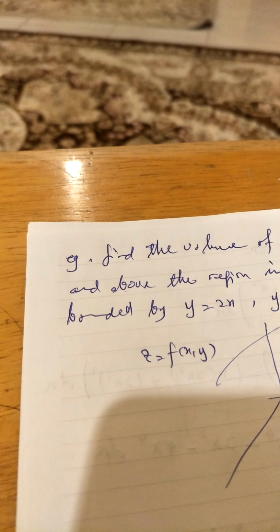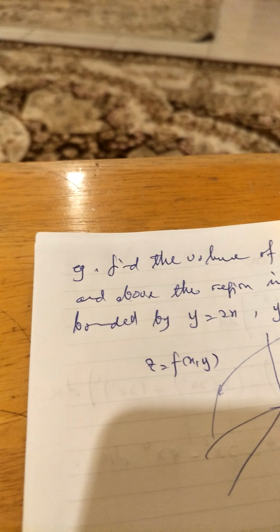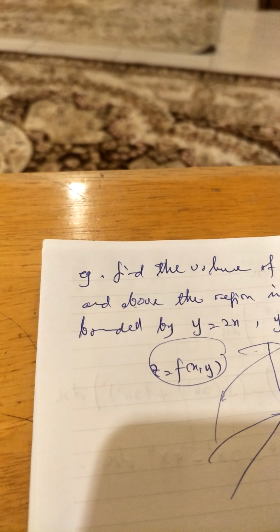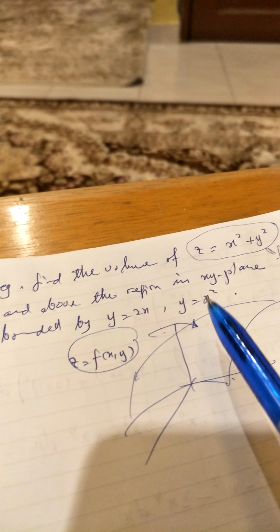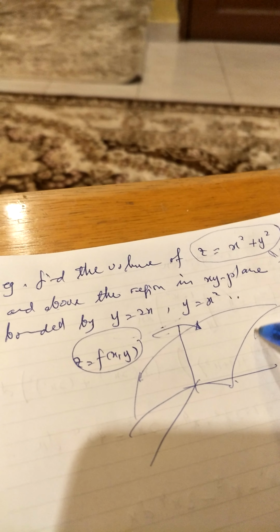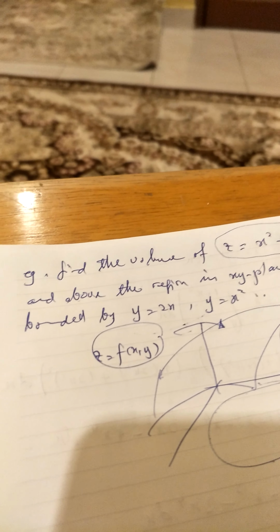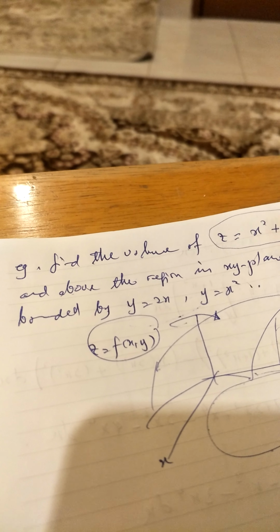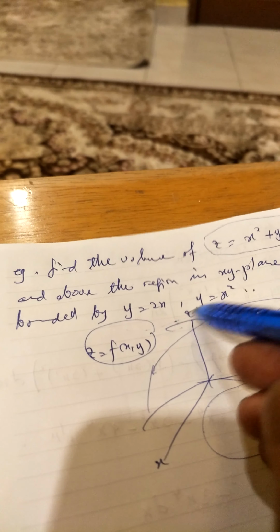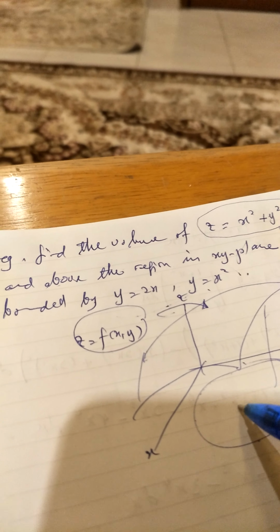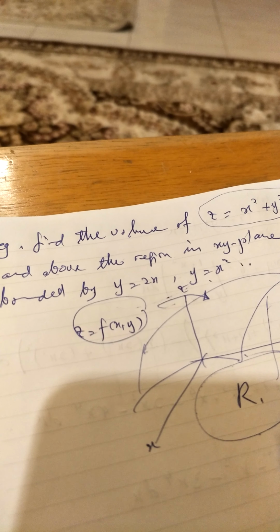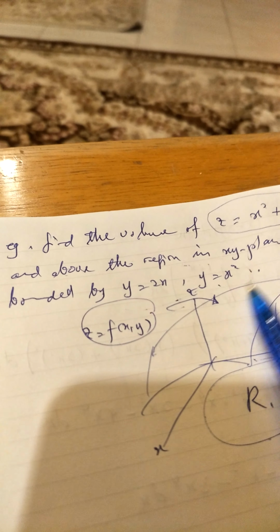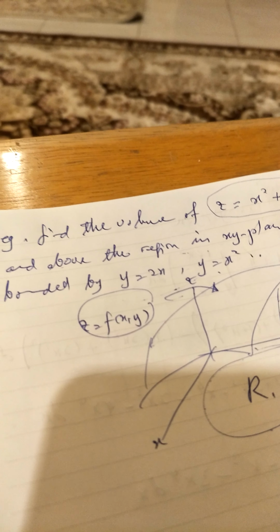We have a surface like that. So this is our function described by that surface, and the region down there is anywhere on the xy plane. So this is our region, which of course is bounded by whatever functions are given here.